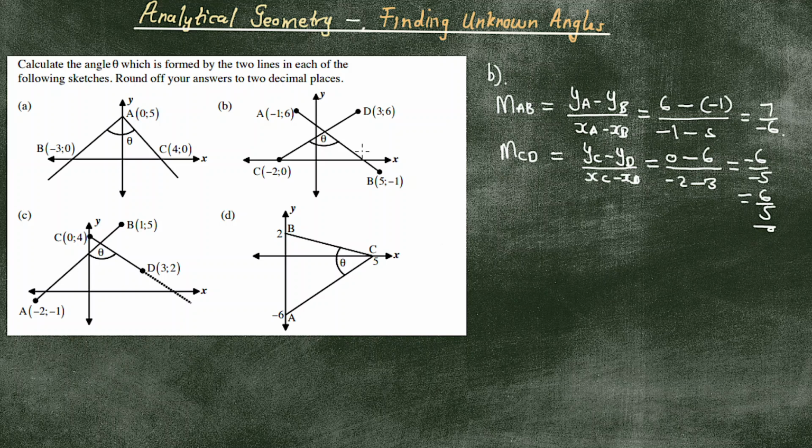Now let's calculate the angle of inclination. Let's call it alpha again. This one, let's call it beta as well. Then we calculate. So alpha, since the gradient is negative for the line AB, it is 180 minus tan inverse of 7 over 6, without the negative sign.